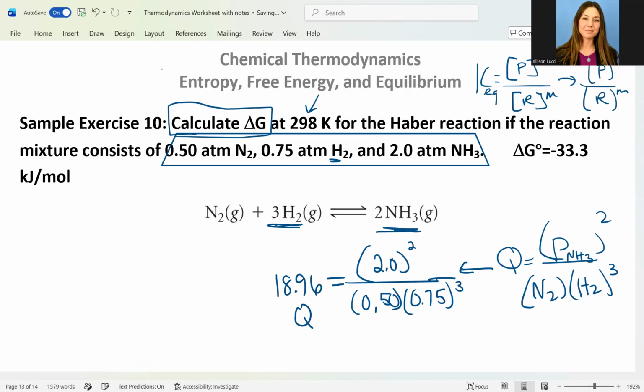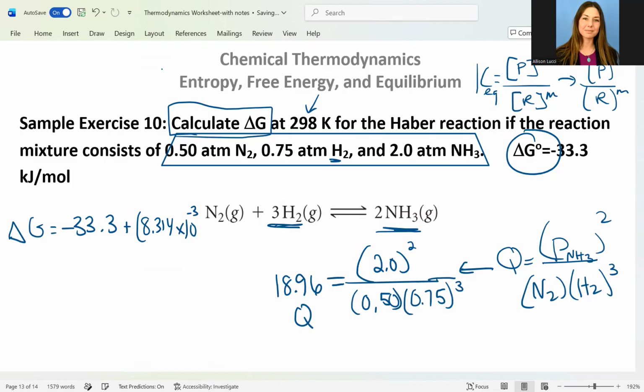This is my Q value. And now if I want to solve for my delta G non-standard, I'll take my delta G naught, my standard conditions here, put that first, and then to that I'm going to add RT ln Q, so 8.314 times 10 to the negative third.